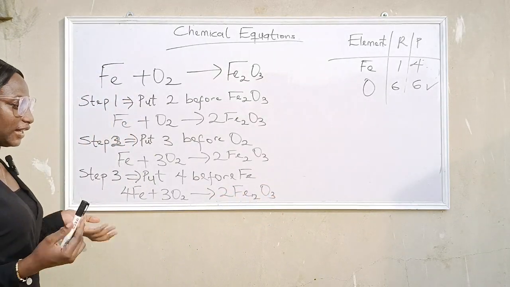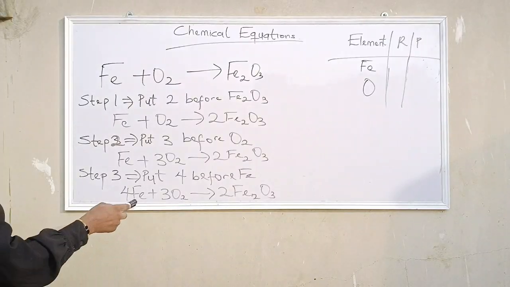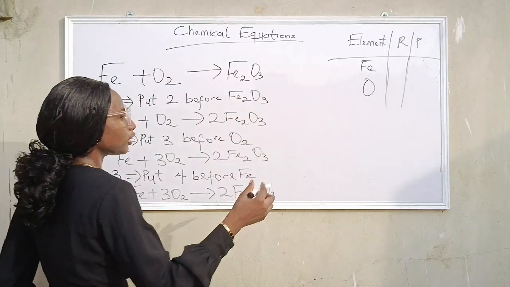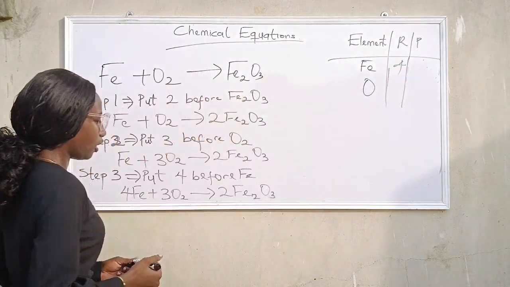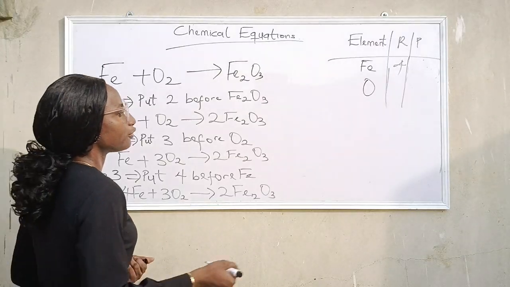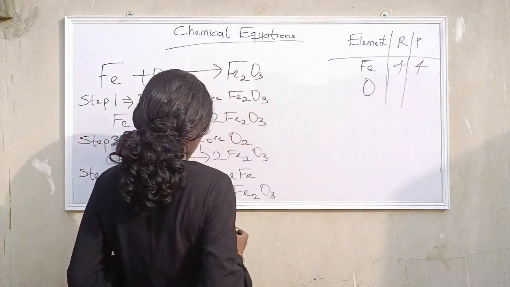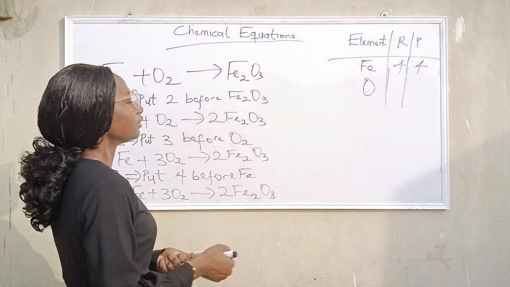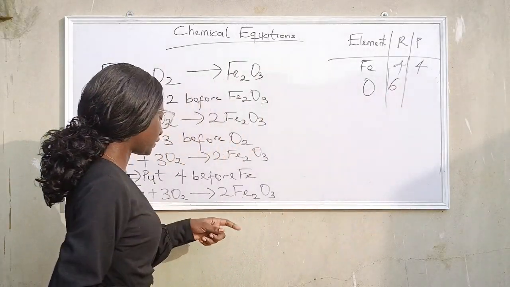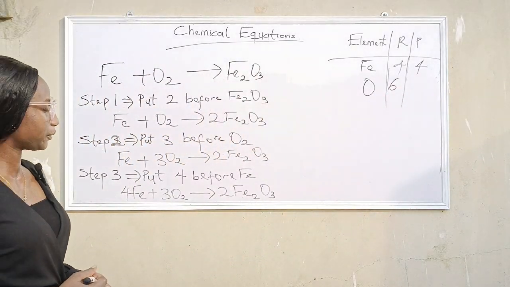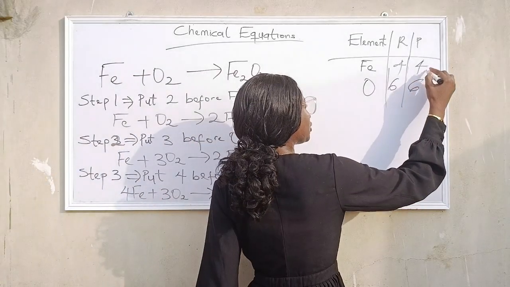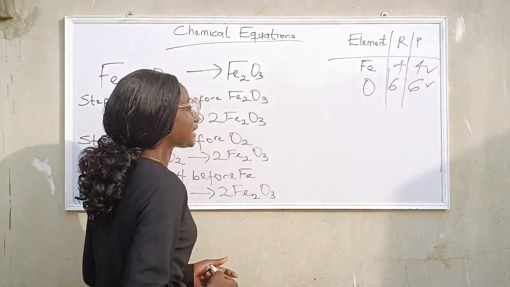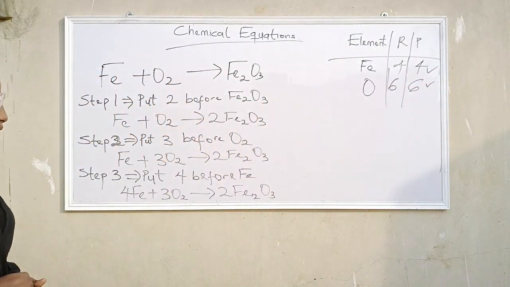So let's check if this is balanced. Iron, we have 4 on the reactant side. On the product side, we have what? 4 again. Okay, good. So for oxygen, we have 6. And for the product side, we also have 6. So that means we have balanced the chemical equation since both sides are equal.